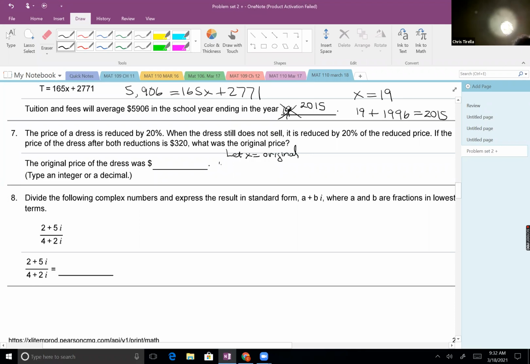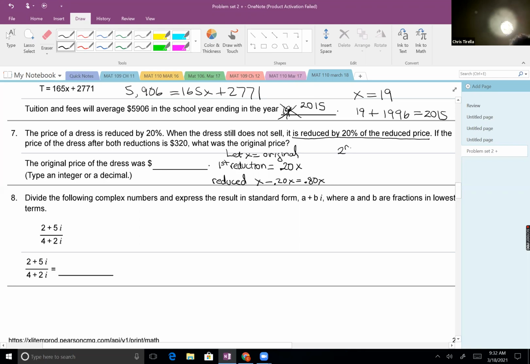Then the first reduction is 20%, so 0.20 of that price. And so that first reduced price would be X minus 20% of X, which would leave me with 80% of X. But it's reduced by 20% of that.